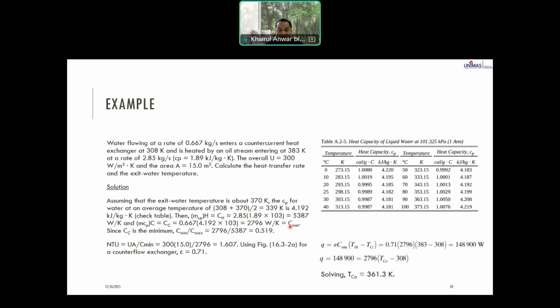So how do we identify which one is C min and which one is C max? The value of CH is high, 5287. It is possible that if CH has a lower value than CC, then C min could be hot. So CC is the minimum, so C min over C max is 0.519.